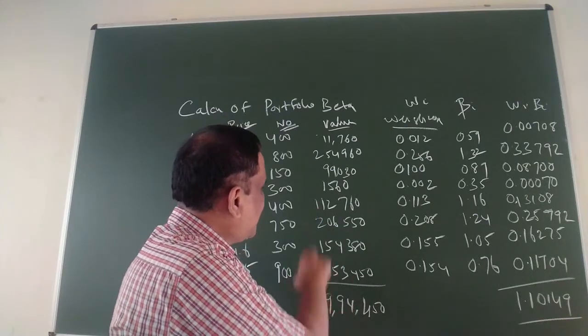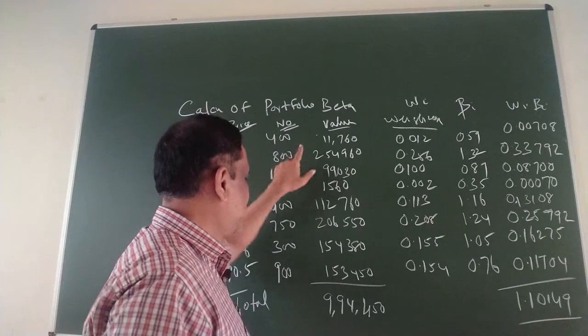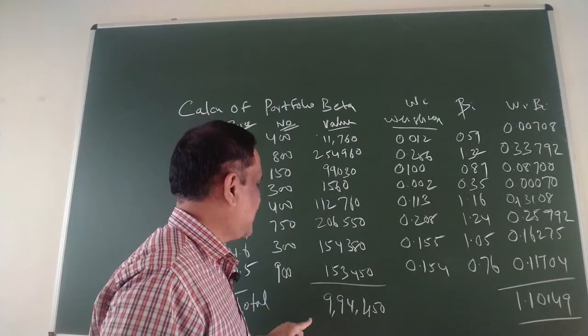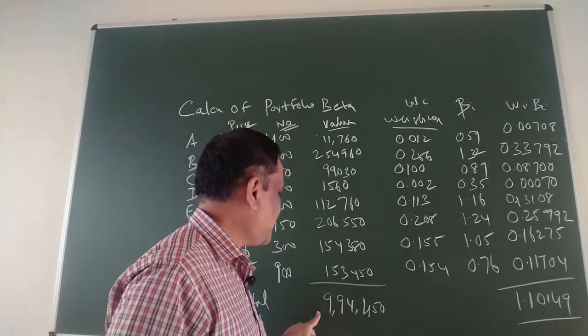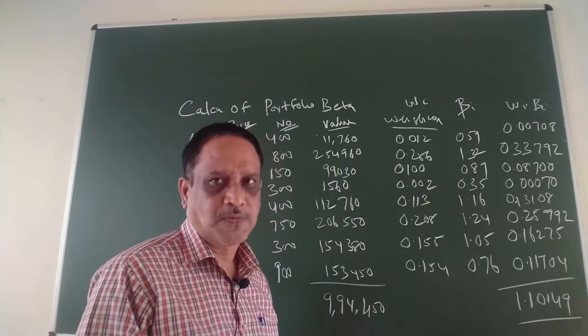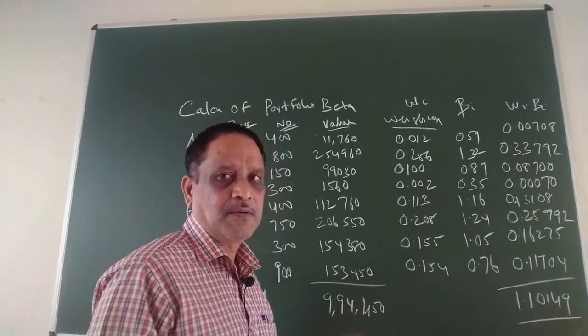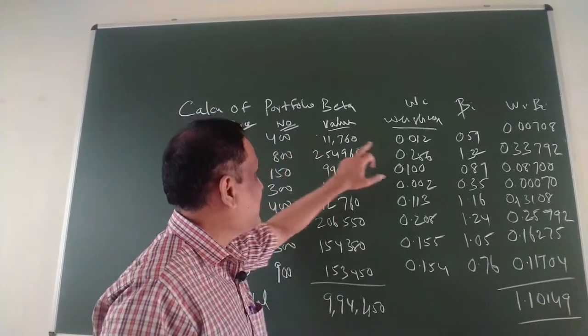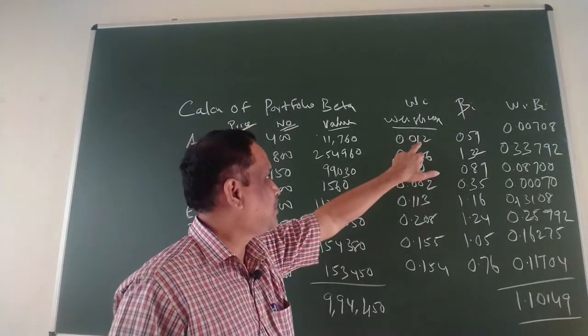The portfolio consists of all the shares. What is the share of company A in the portfolio? That will be 11,760 divided by 9,94,450. That is the fraction of company A's holding in the portfolio. If you do that, you will get a fraction called the weightage, which is 0.012.